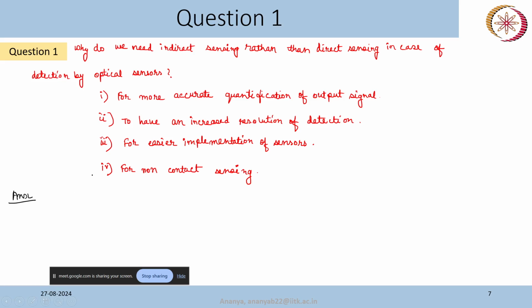What is indirect optical sensing? Indirect sensing means when we need another component to detect the optical signal, either to detect or to analyze.